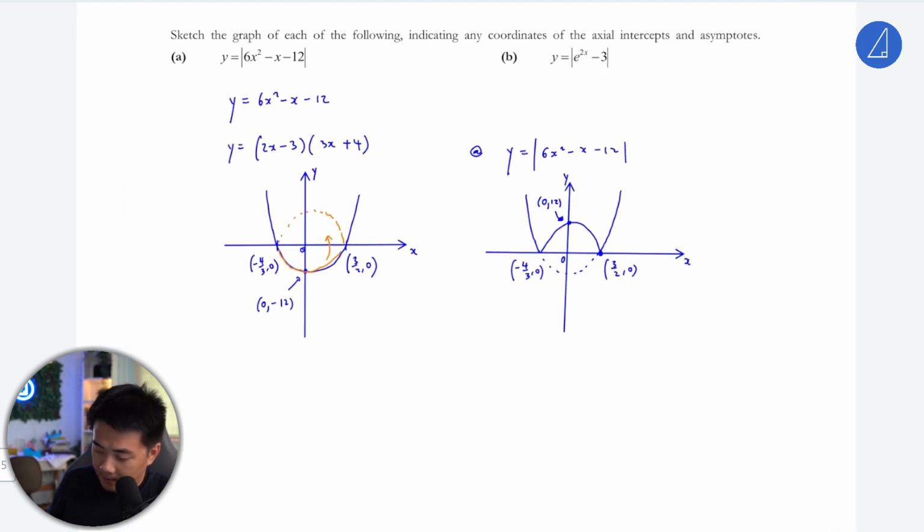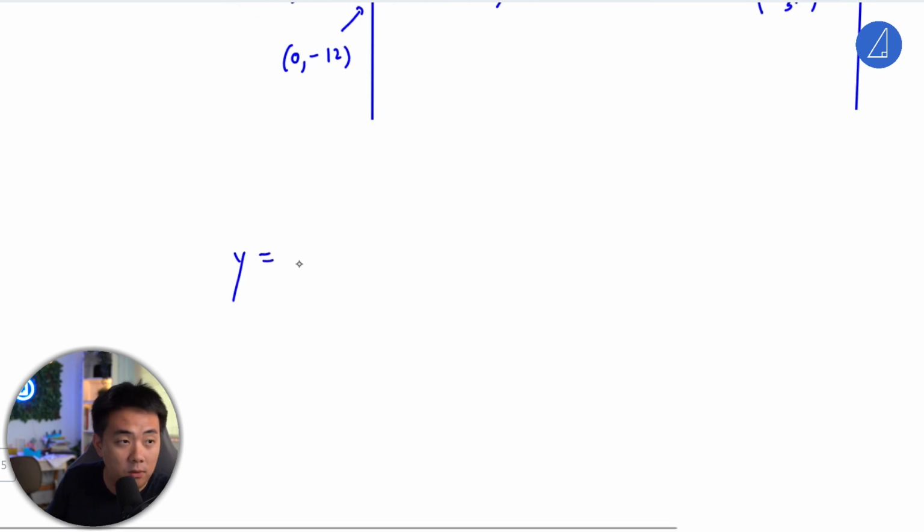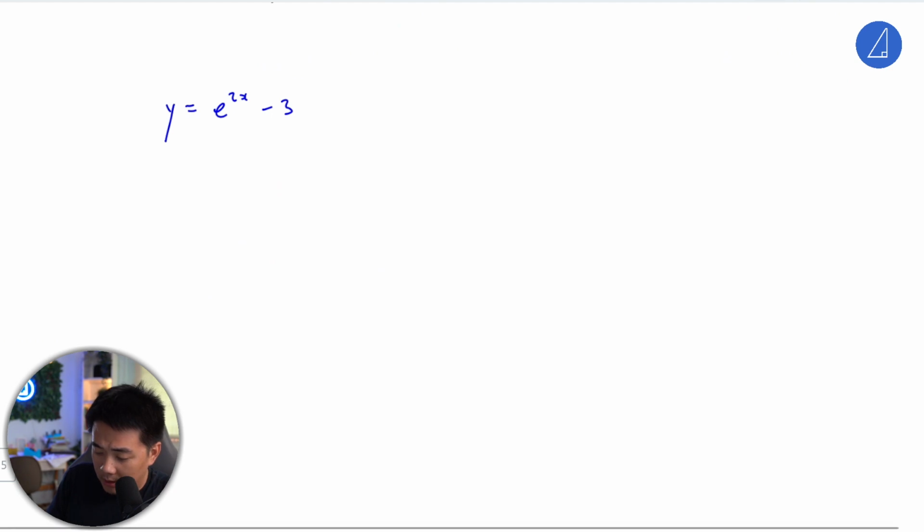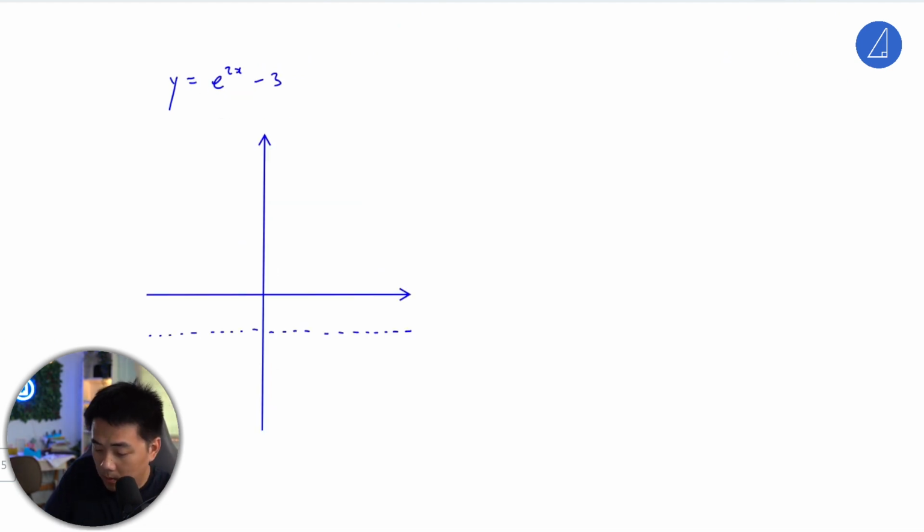Now this is for B. Similarly, if you were to draw this graph without the modulus, it will look like an exponential curve. So it will look something like that, cutting up, with the asymptote at y equals negative 3.